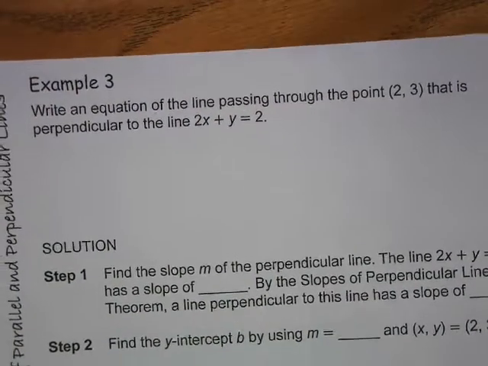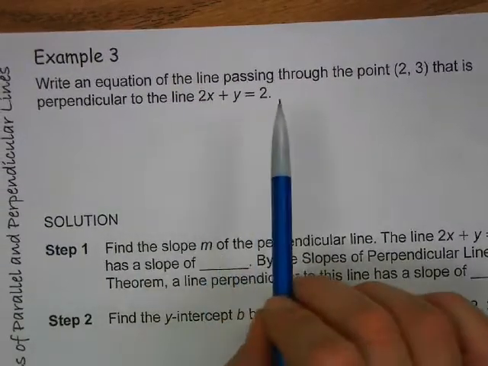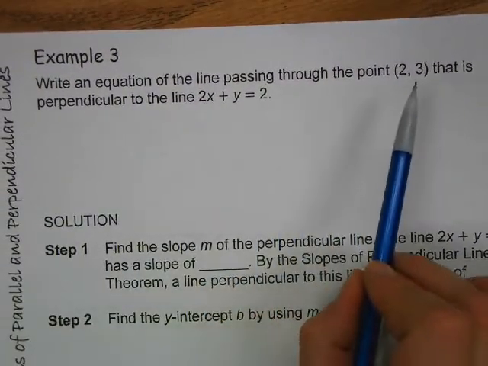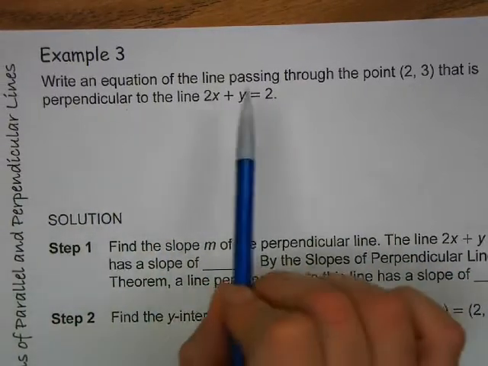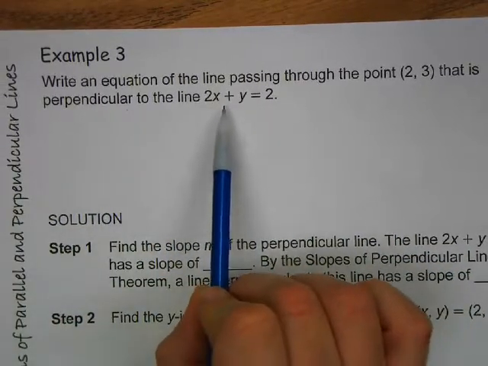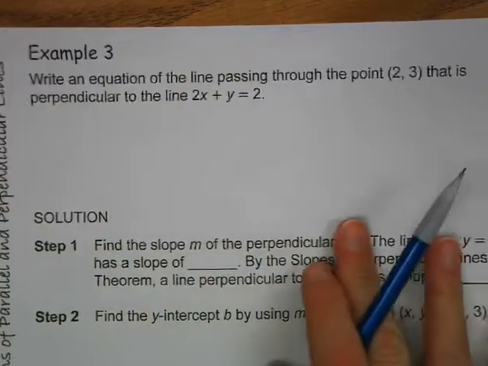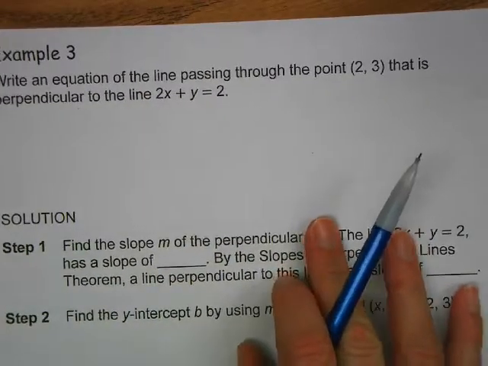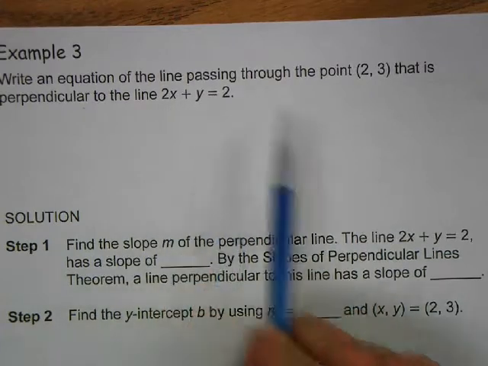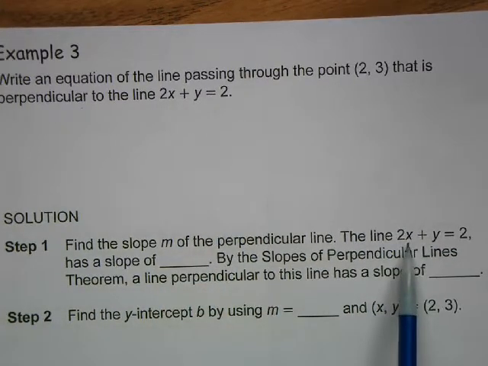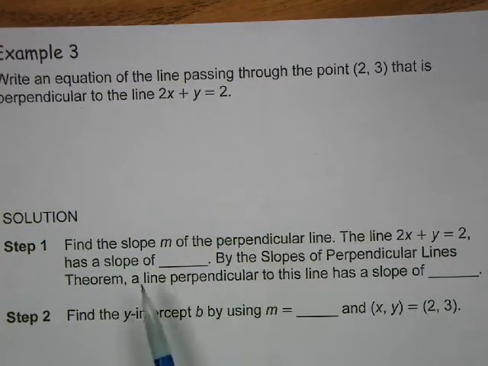Then example 3, you're going to do a perpendicular line. So now it says write an equation of the line passing through the point 2, 3, but this time it's going to be perpendicular to the line, and this equation is 2x plus y equals 2. So again, you're going to have to figure out the slope of this line. So the line 2x plus y equals 2 has a slope of blank.